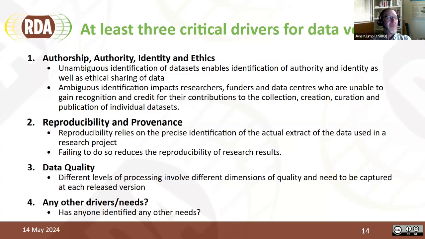And then we want to know, for the sake of reproducibility and provenance, exactly which object we are referring to. We want to use this to be able to identify data quality and also different processing levels. And then there are other needs as well where data versioning can help.